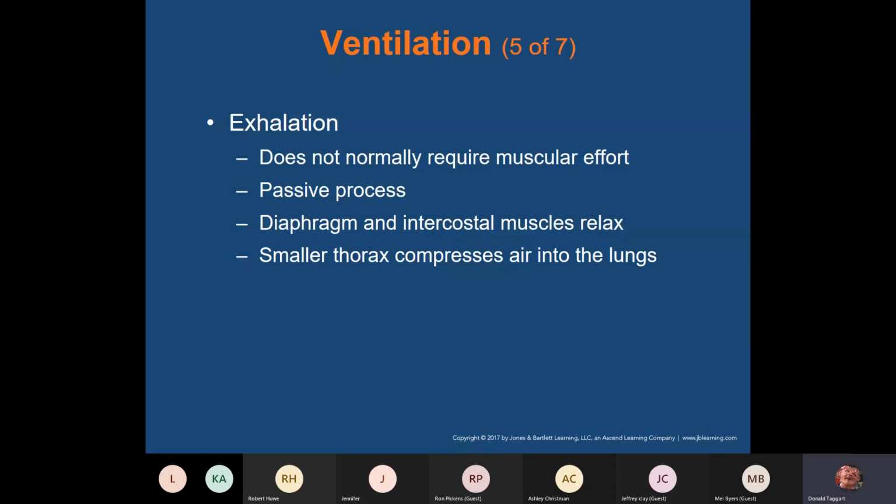Okay, exhalation typically doesn't require physical thought. It doesn't force you to use your voluntary muscles to try to blow air out. The exception is asthma and COPD. Those people actually physically have to try to breathe in and out. You can walk into a room and know someone has emphysema because they're skinny as a rail. Emphysema, you guys probably want to write this down, is called barrel chested.